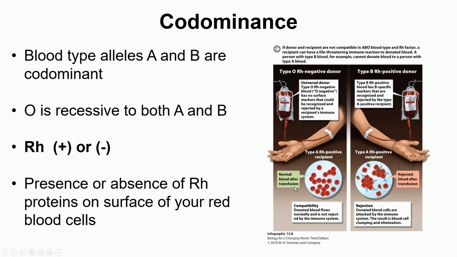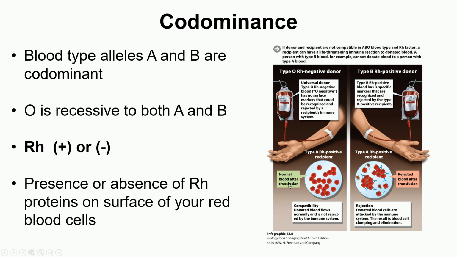So it's very important to see who is the donor and who is the recipient. Suppose this recipient is type A, Rh positive. Blood type A positive can get blood from O negative, because O negative is a universal donor.